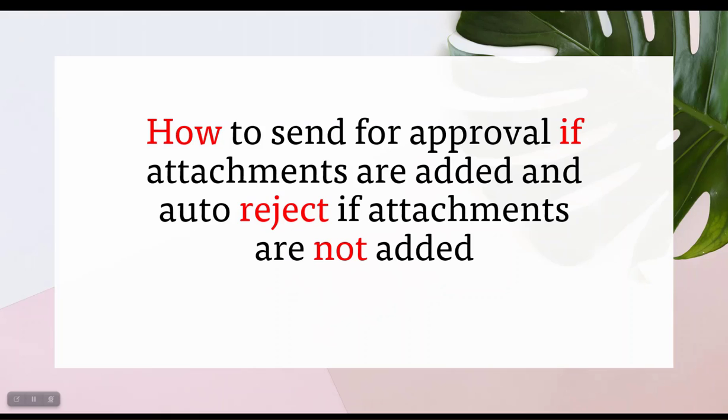In case the user attaches the attachment, it will follow the journal approval rule. In case there is no attachment, the journal approval status will be auto rejected automatically without following the GL journal approval.